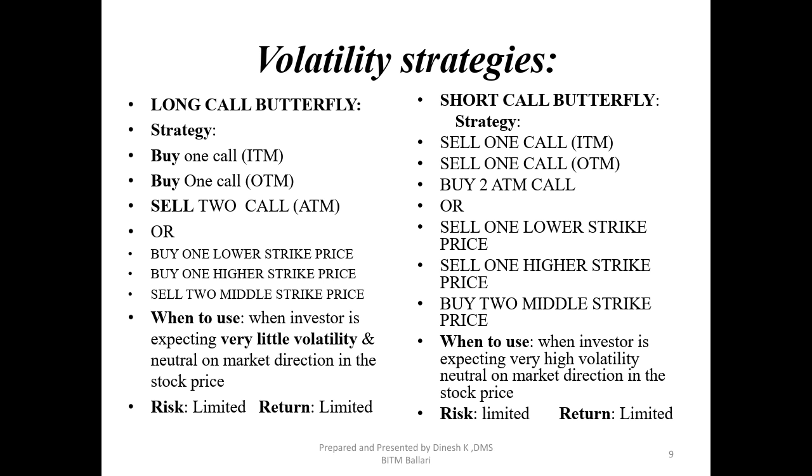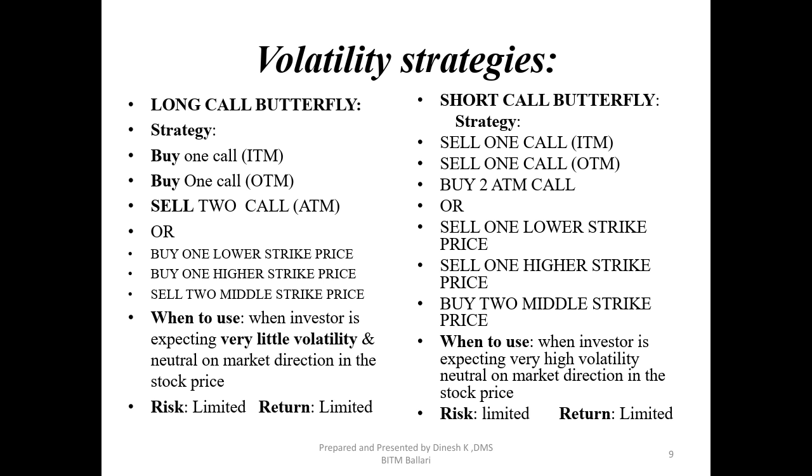So these are very important as well as very popular strategies that investors would like to design. Now how can we proceed with designing? We have to take positions at different strike prices in the same market, with the same underlying asset but different strike prices. So the design goes like this.